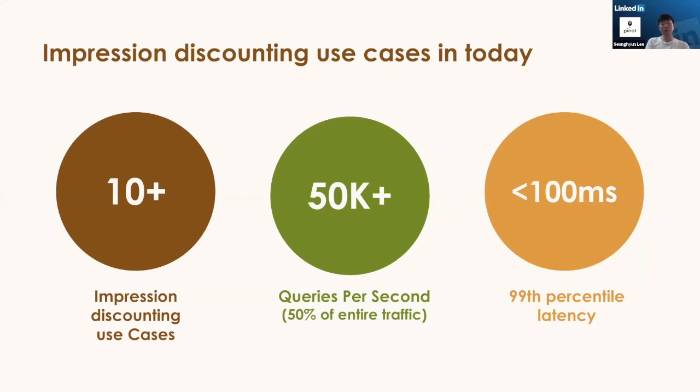And we process about 50K plus queries per second for all the impression discounting use cases. This is a huge number because it is about 50% of the entire traffic of Pinot. And we also process all those queries within 100 milliseconds for 99 percentile latency.